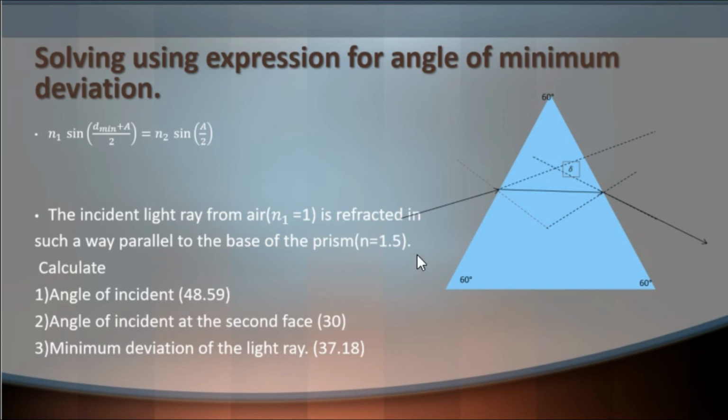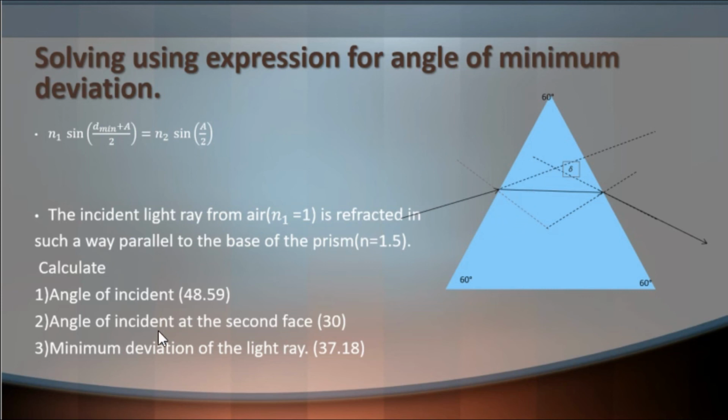So for the angle of incidence, since the refracted ray is parallel to the base, we must expect that 60 degrees minus 90 degrees, we will get about 30 degrees. So the angle here must be 30 degrees. Using Snell's law, we can get the angle of incidence from the angle of refraction.